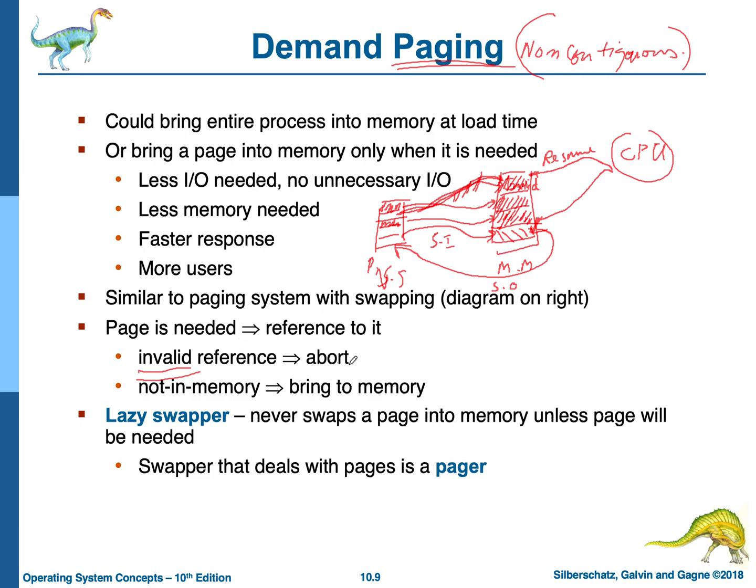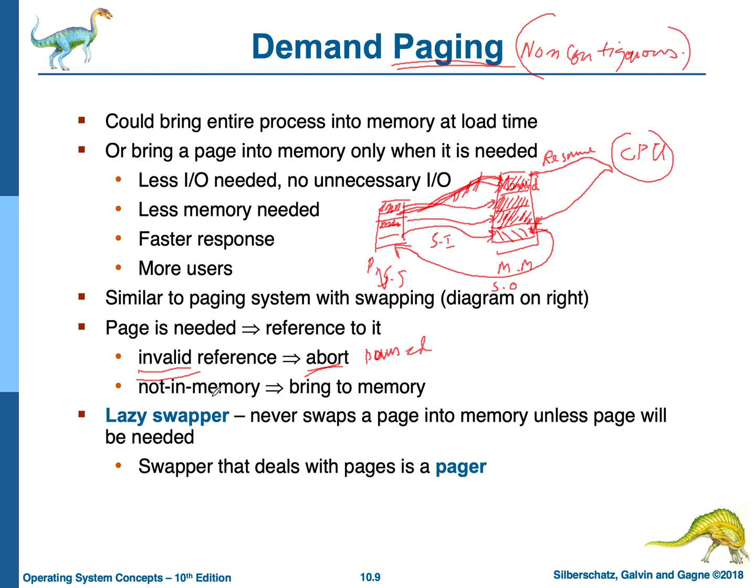If the reference is invalid, then the process is aborted, or maybe paused for some time. The new page which was requested is claimed from secondary storage.